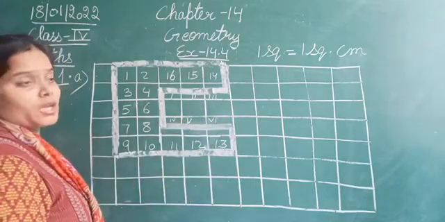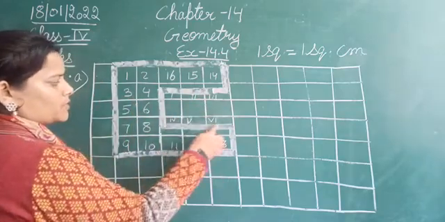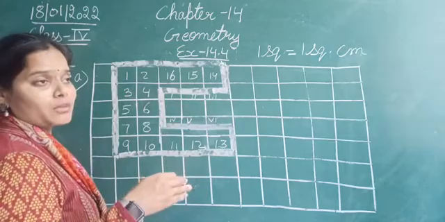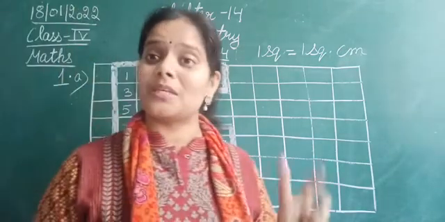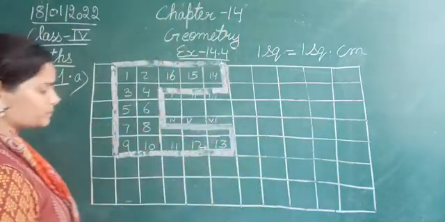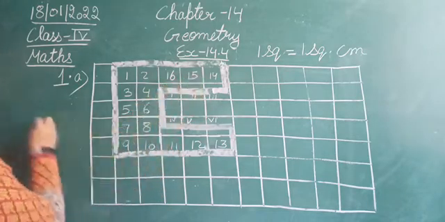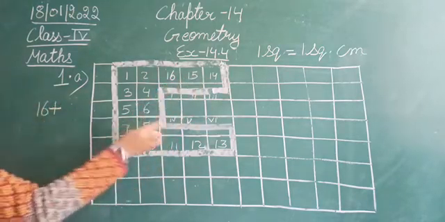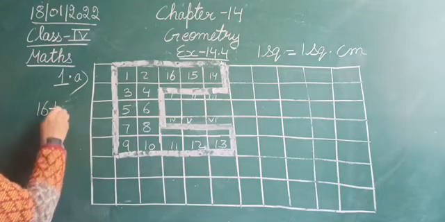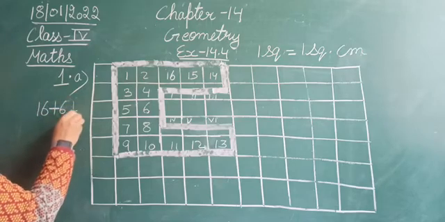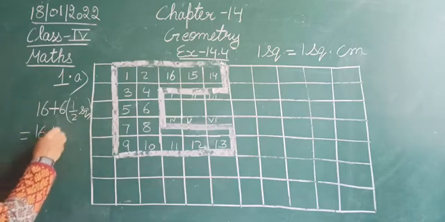6 incomplete squares, that is 6 half squares. So 6 half squares means 3 complete squares. 2 half squares 1 बनाएंगे, so 6 half squares equal to 3.